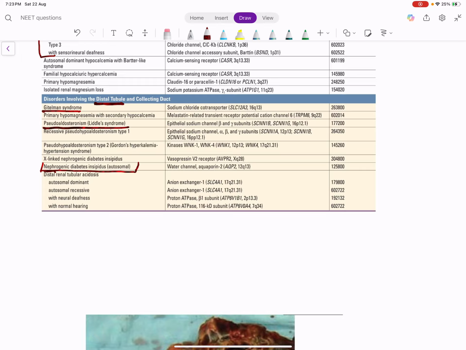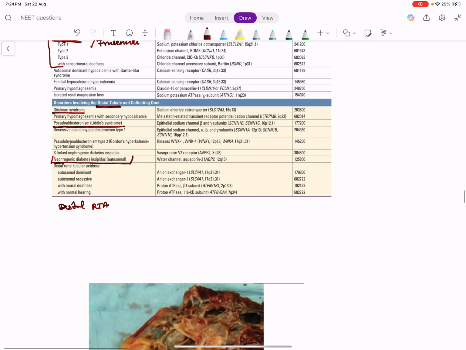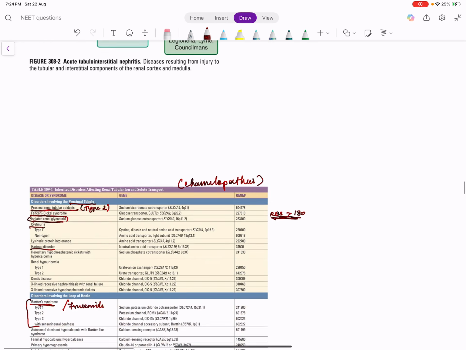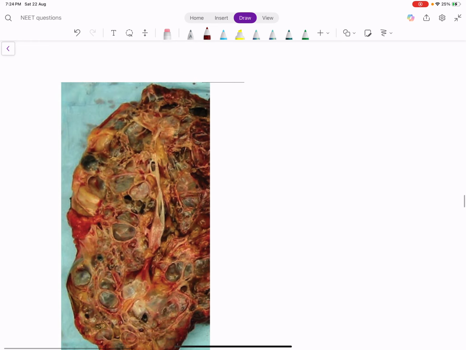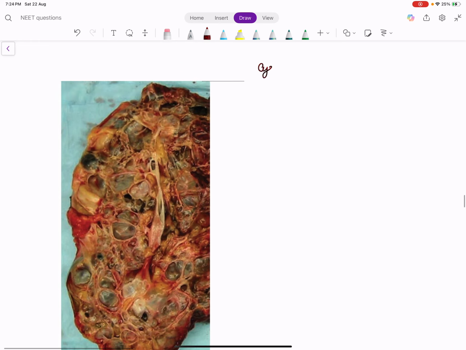Central diabetes insipidus is when ADH is not produced by the brain, the pituitary itself. But if ADH is produced and it is not acting in the kidney, it is called nephrogenic diabetes insipidus. Then think about distal RTA. Okay, so these are the diseases, channelopathies affecting the kidney. So that is about channelopathies. Then coming to cystic diseases.